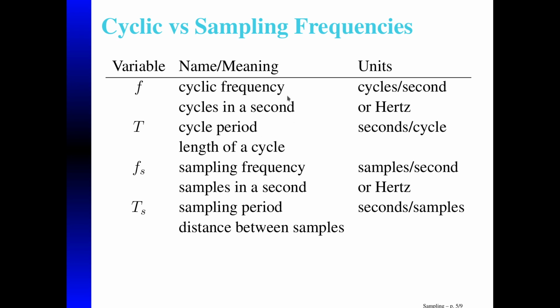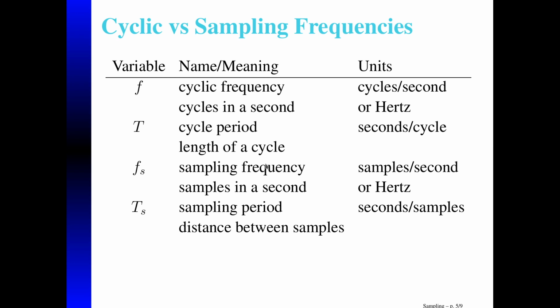So let's compare again, make sure we're clear. F is the cyclic frequency, and it means cycles in a second, and that's also the unit, although we typically just say hertz. T is the length of 1 cycle, and that's the cycle period, and because T is the inverse of F, the units are the inverse of these units, so it's seconds per cycle.